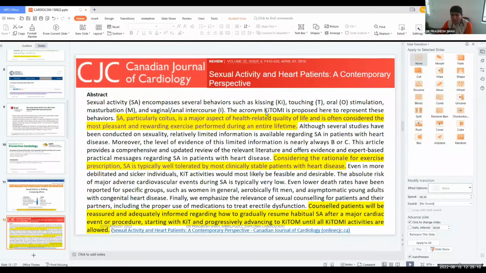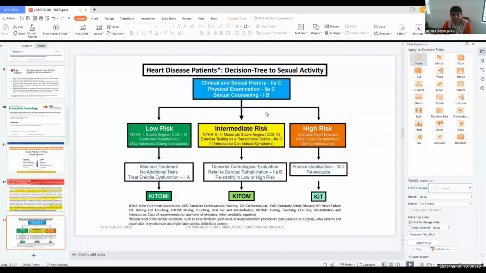Now let's discuss what the KIT modules are. They said that patients with low risk, meaning stable angina or controlled hypertension, who can manage 3 to 5 minutes on the treadmill, should follow the KIT modules. It is an abbreviation: KIT means kissing and touching.